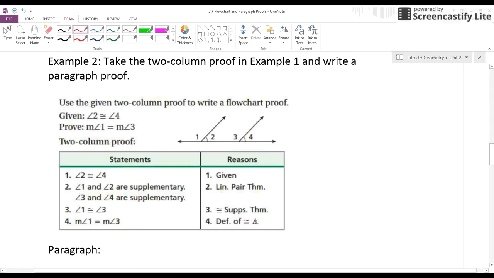So statement 1 and reason 1, for example, these two should be my first sentence, right? And then statement 2 and reason 2 should now become my second sentence.